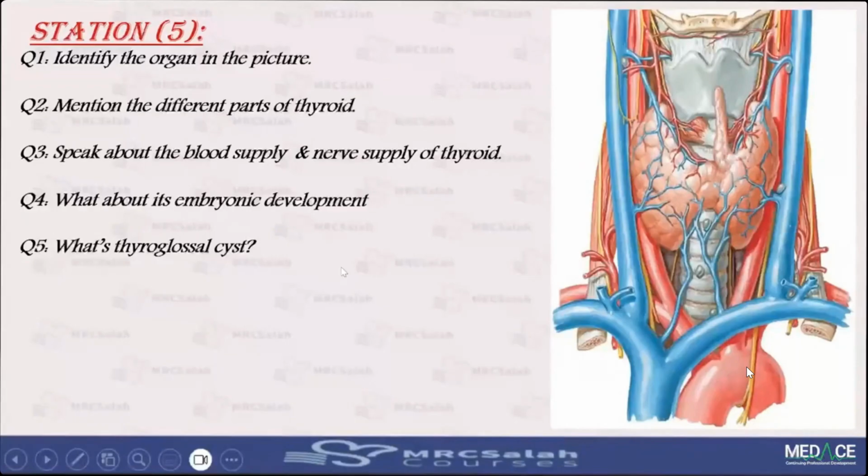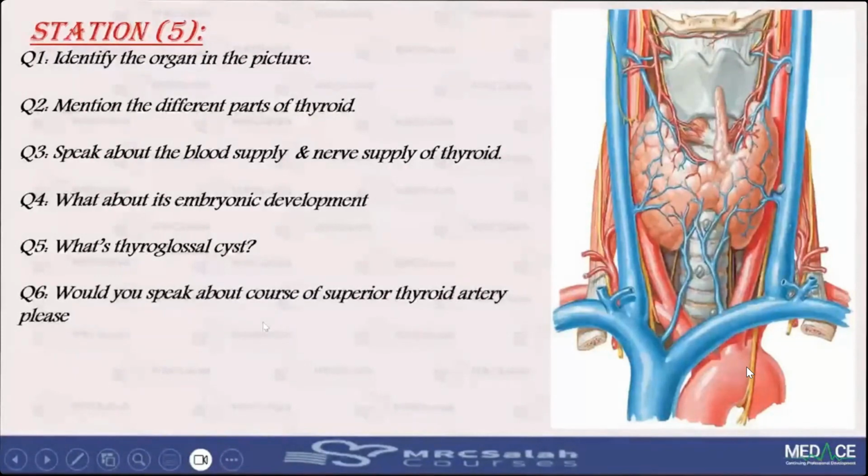So the thyroglossal cyst occurs when there is no full obliteration of the pathway of the descent of the thyroid. By the way, regarding the nerve supply of the thyroid, we also have sympathetic supply through the superior, middle, and inferior sympathetic ganglia. We have parasympathetic through the superior laryngeal and recurrent laryngeal nerves as well, as the secretory which you mentioned.